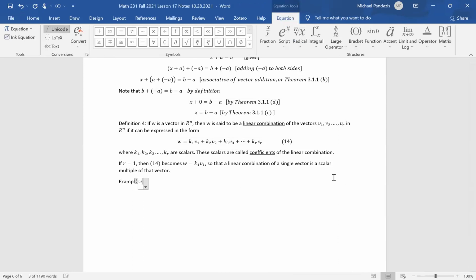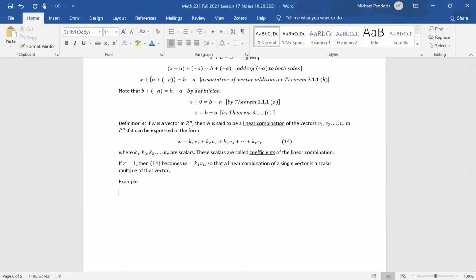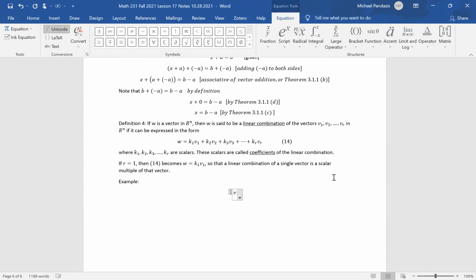So for instance, let's say you have a vector v1 equal to the vector 1, 1, and a vector v2 equal to the vector 2, 2.